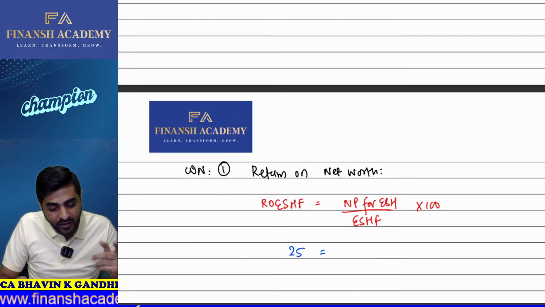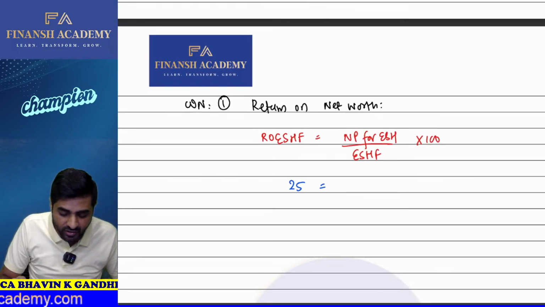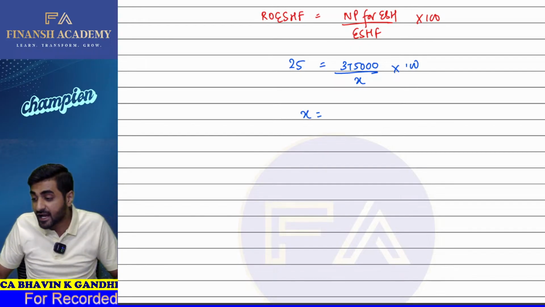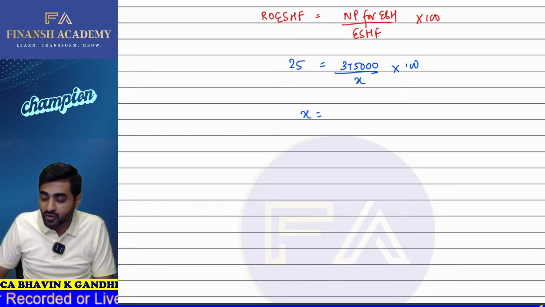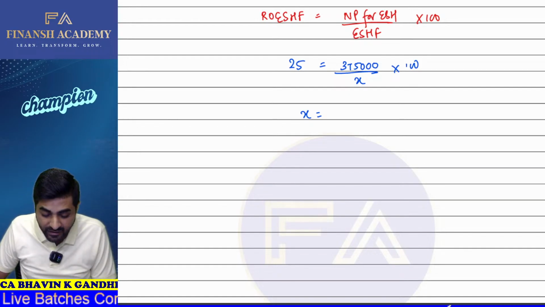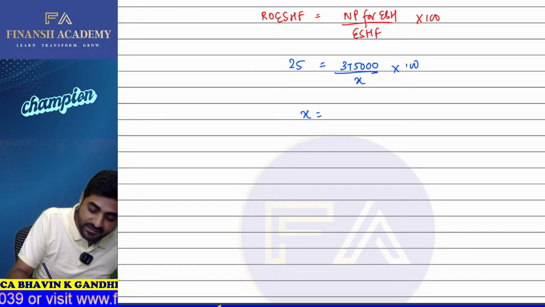Do you have the net profits for equity shareholders? Yes, sir, we do have it. How much is that? 3,75,000. So that is your net profit for equity shareholders, 3,75,000. Let this be X. So based on this, I'll be getting my equity shareholders funds, that will be 3,75,000 divided by 25 into 100, that will give you 15 lakhs.